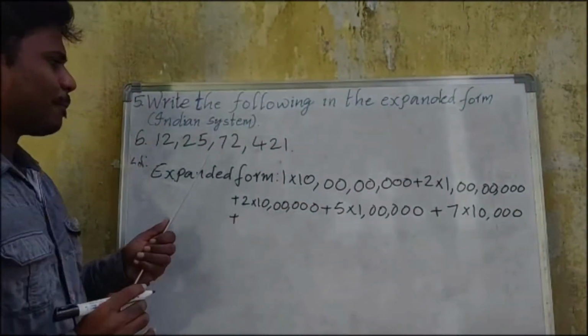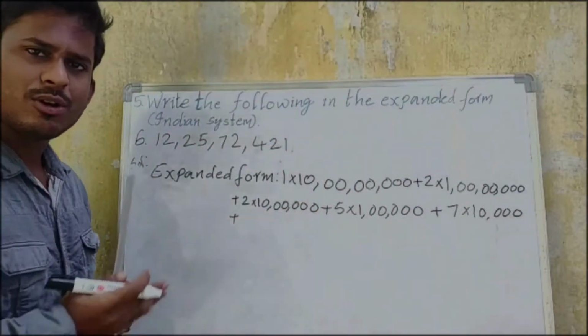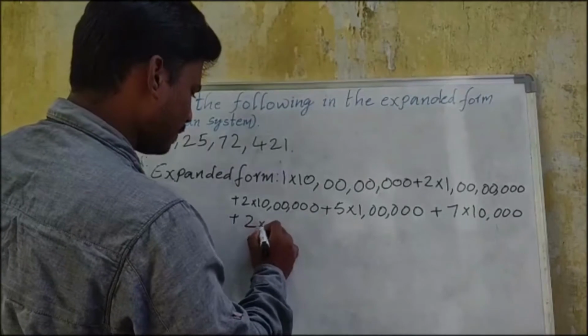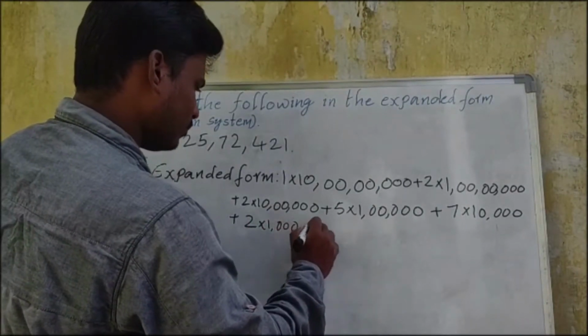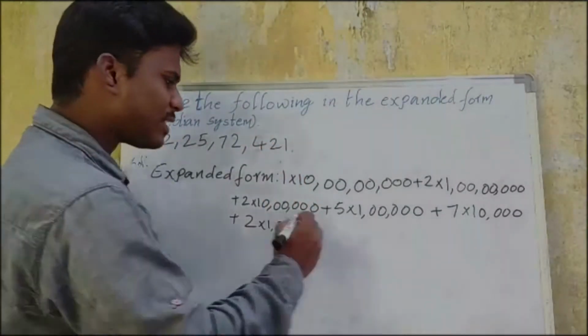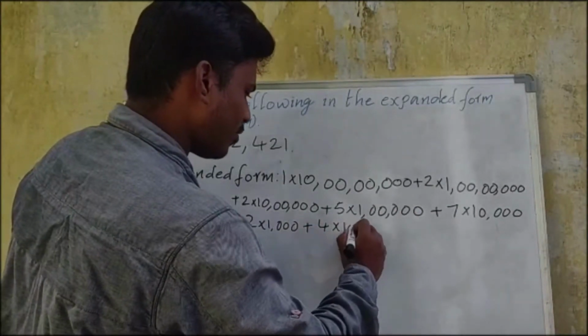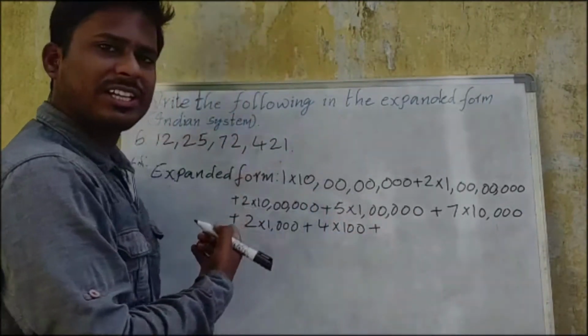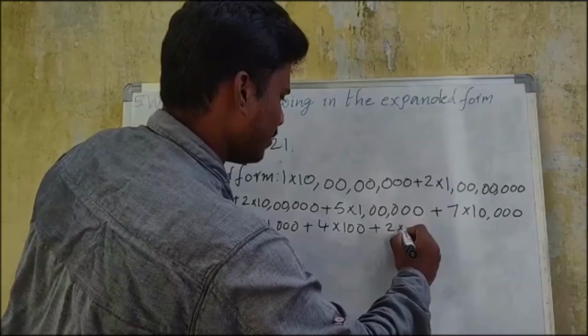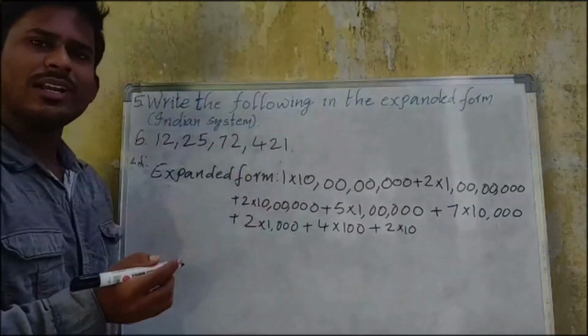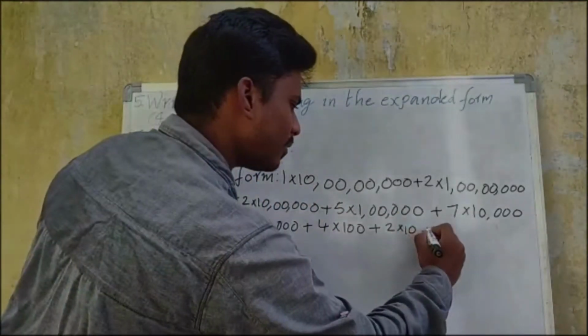Next plus 2 is in 1,000 place, so 2 into 1,000. Next 4 is in hundreds place, so 4 into 100, plus 2 is in tens place, so 2 into 10, and last digit 1 is in ones place, so 1 into 1.